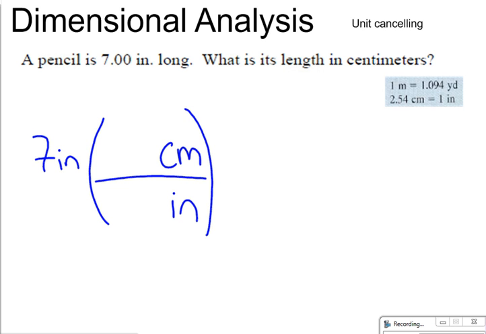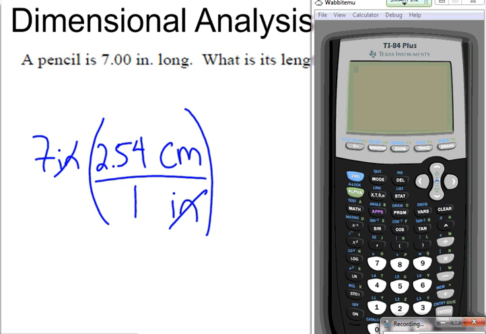So the unit that goes before is the unit that goes on bottom. And then it's just a conversion factor. For every 1 inch, there are 2.54 centimeters. The inches will cancel out, and I'll be left with centimeters for an answer.